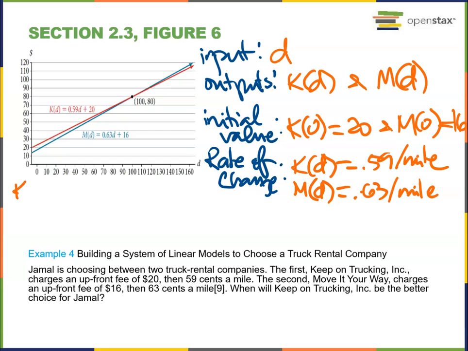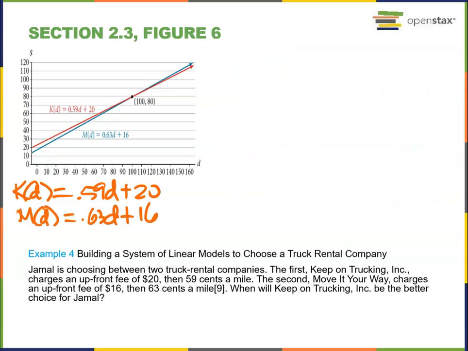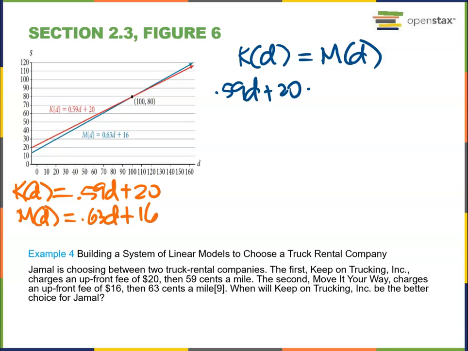K of D is equal to 0.59D plus 20, and M of D is equal to 0.63D plus 16. Then set the two equations equal, so K of D equals M of D. So 0.59D plus 20 is equal to 0.63D plus 16.